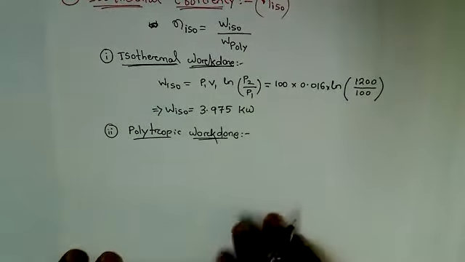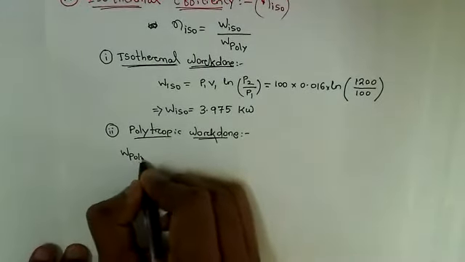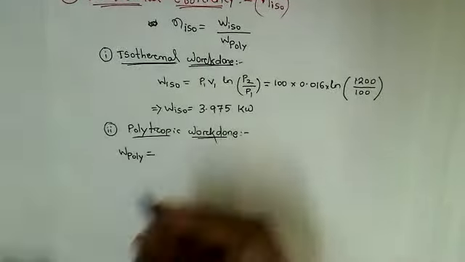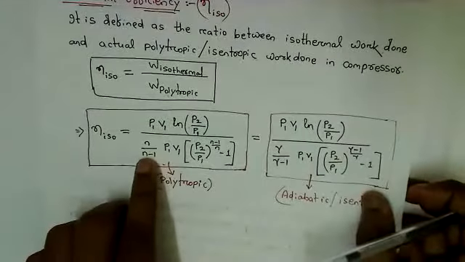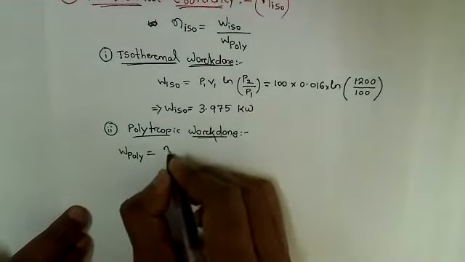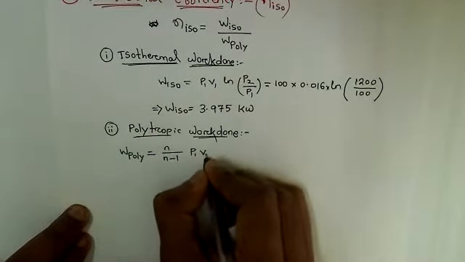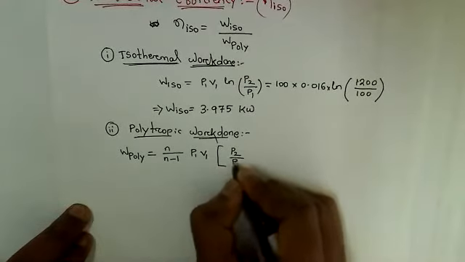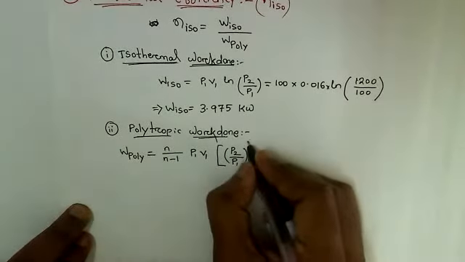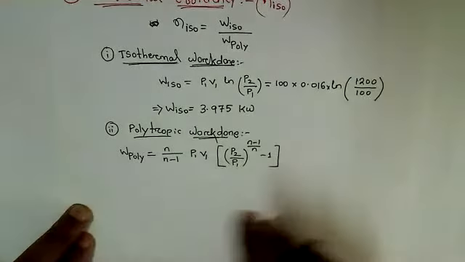So polytropic work done. Next thing is we have to calculate the polytropic work done. The formula for work done during a polytropic process is n by n minus 1 P1 V1 times ((P2 by P1) to the power (n minus 1) by n, minus 1).